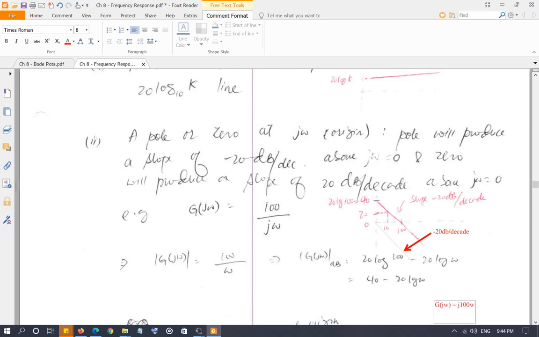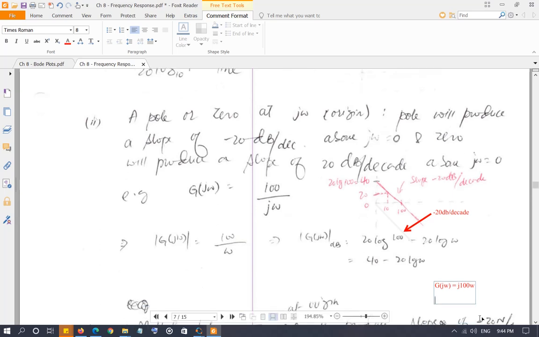When you take the decibel scale, magnitude of j 100 omega in decibel will be equal to what?